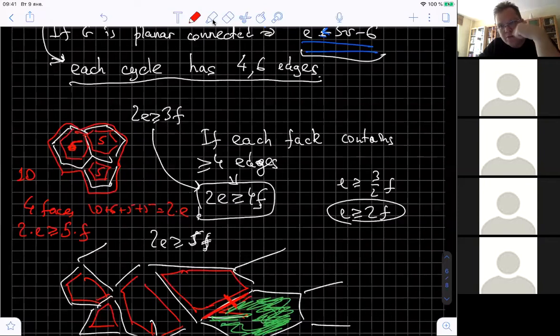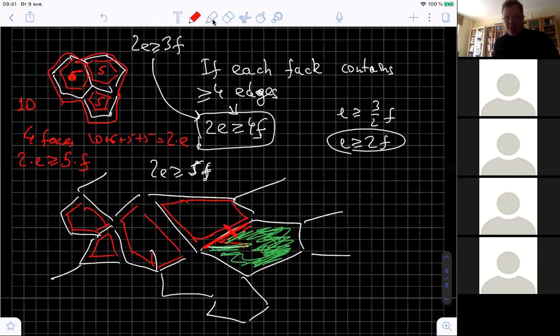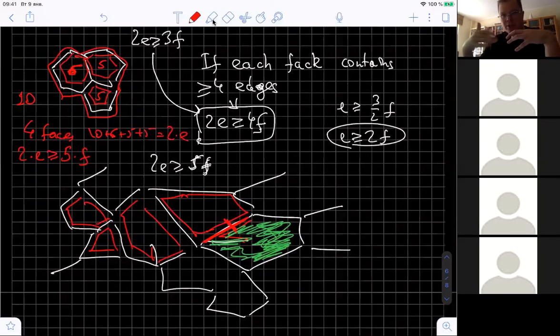Oh, okay. Yes, sir. So if I know that each face contains more than 4 edges or more than 5 edges, then I can write the corresponding inequality. Okay.